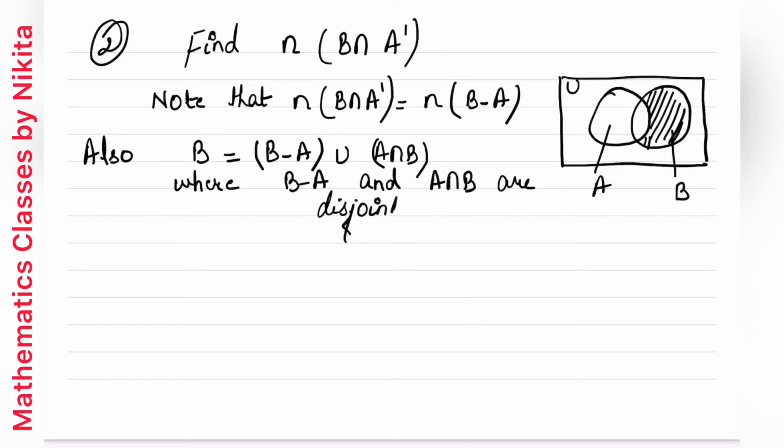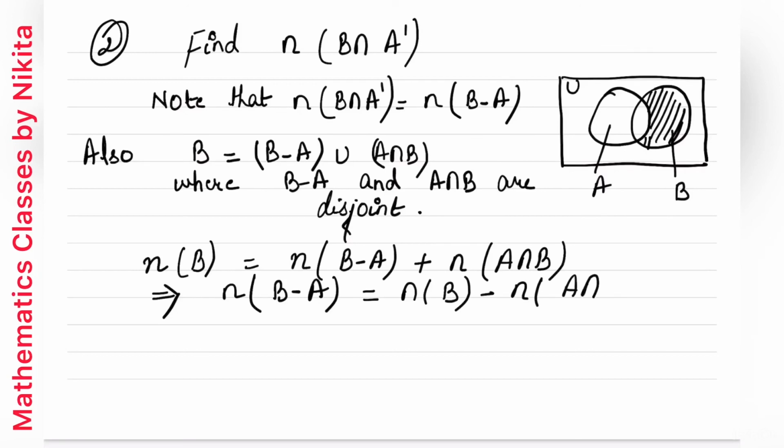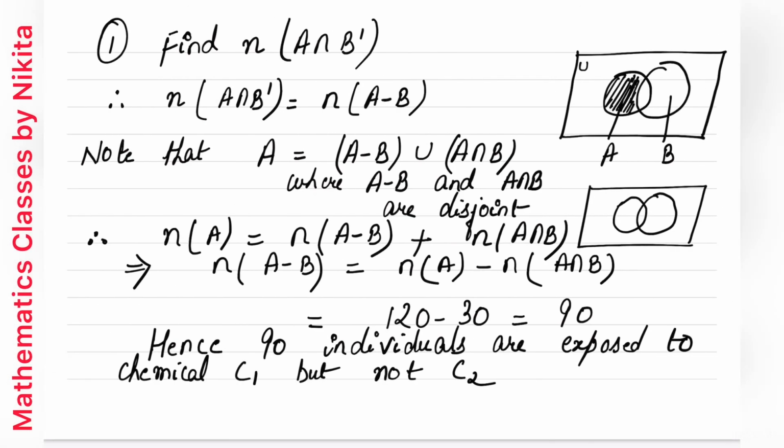So I can use formula 1 which says that n of B will be equal to the number of elements in B minus A plus the number of elements in A intersection B. And this implies the number of elements in B minus A is equal to the number of elements in B minus the number of elements in A intersection B. Now how many elements were there in B? Let us see the values.